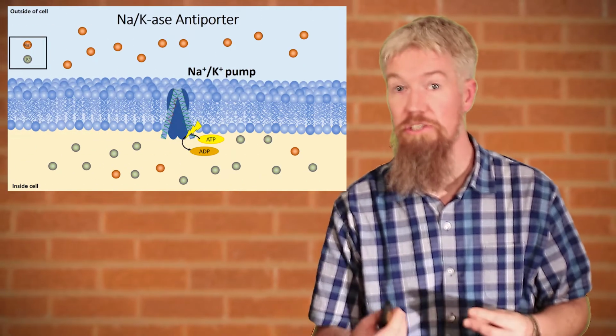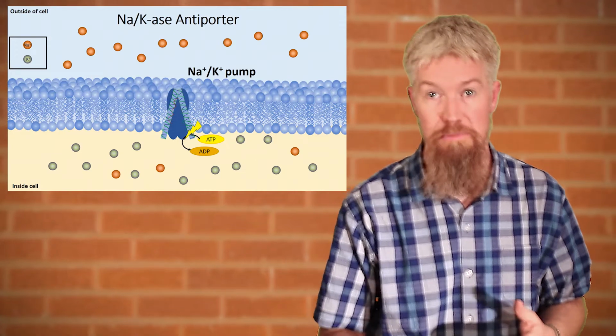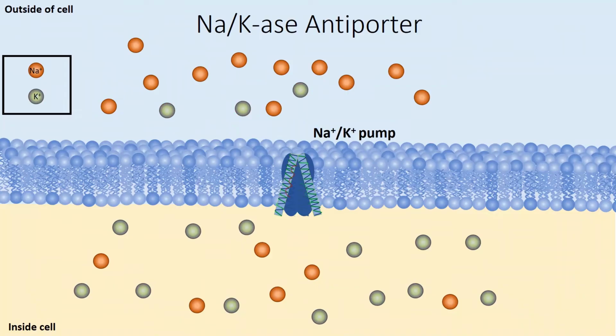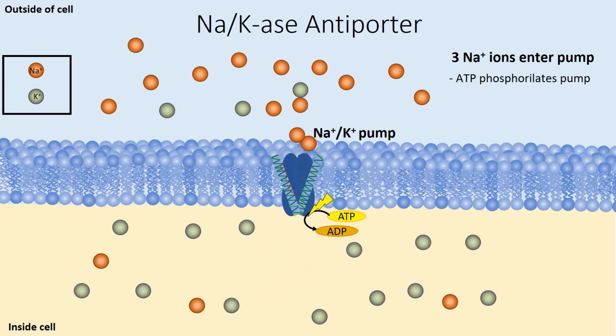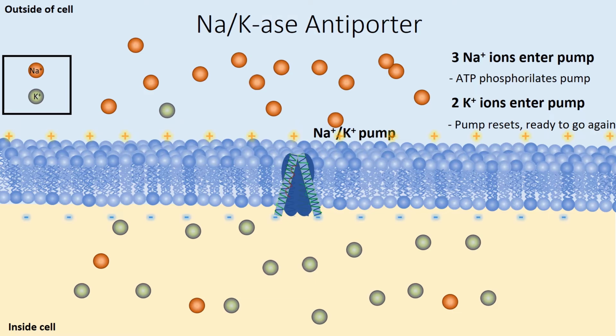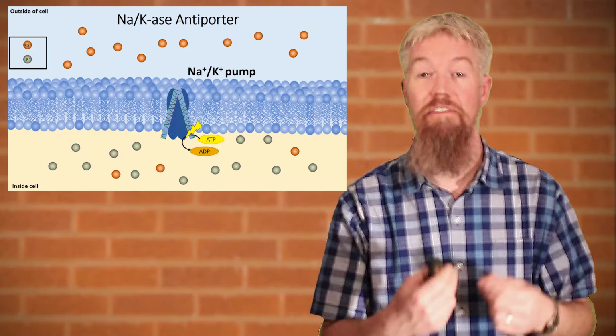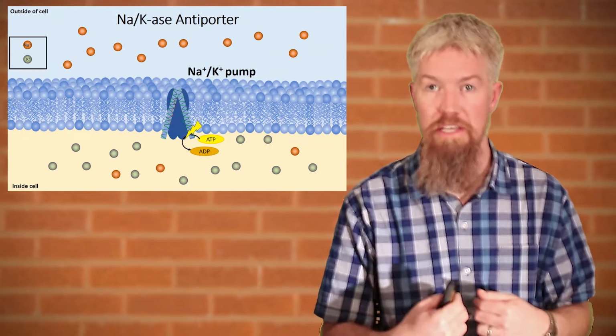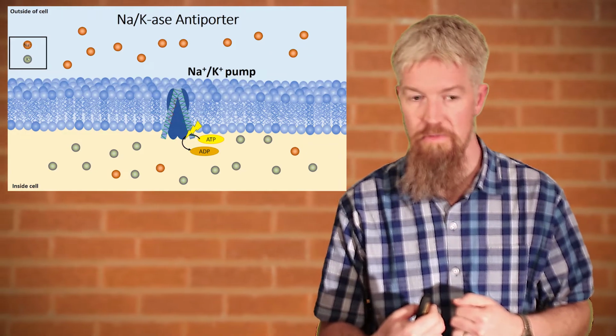Now you'll recall the sodium-potassium pump from earlier in the semester. It will take 3 sodium ions and pump them to the outside of the cell, spending an ATP in the process. They'll then turn around and allow 2 potassiums into the protein, which has a conformational change, pumping those to the inside of the cell.